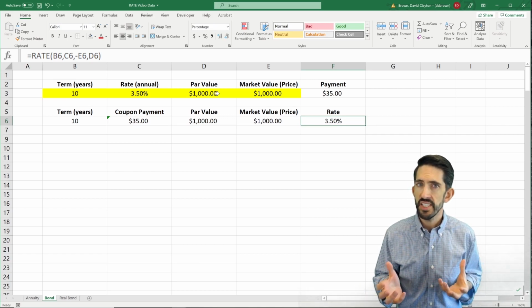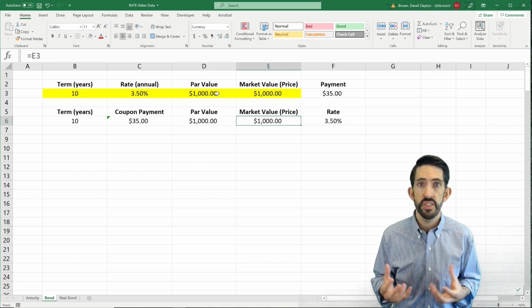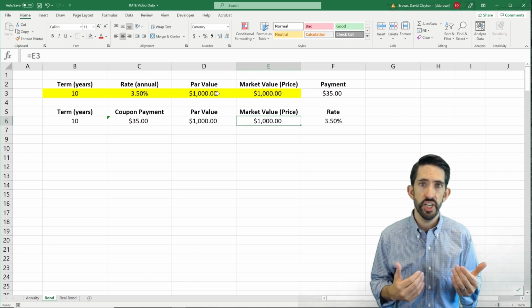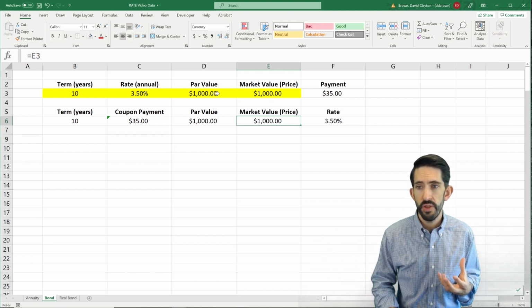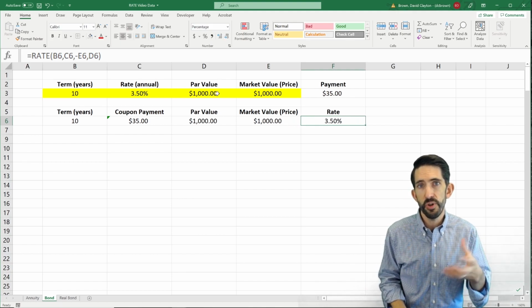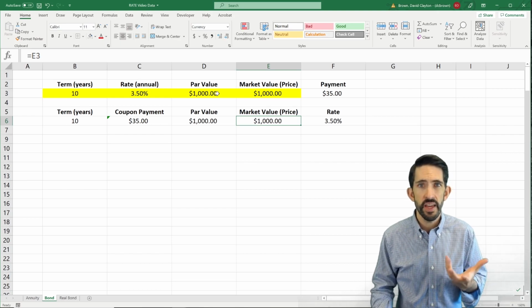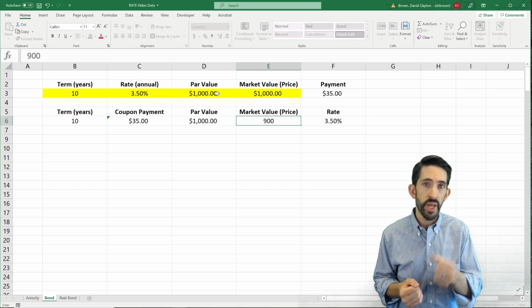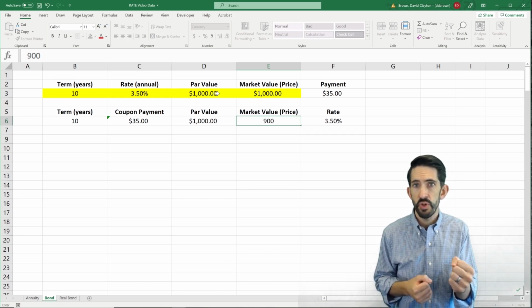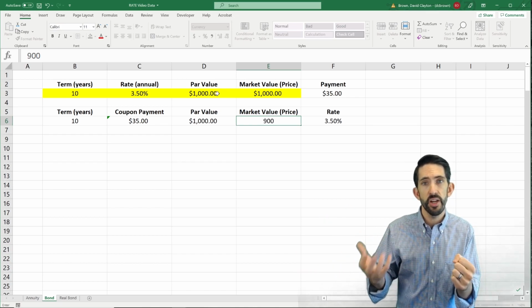So now let's actually test the model to see if it's working the right way. Because one thing we should develop is some intuition around what happens when prices change. What changes to the rate that the bond is paying you, right? The rate function here tells you that you're earning 3.5% on this. So if instead of paying $1,000, let's say we pay $900 for this bond. Well, we're going to pay less today, and we're getting the same cash flows in the future, which means we should be earning a higher return.